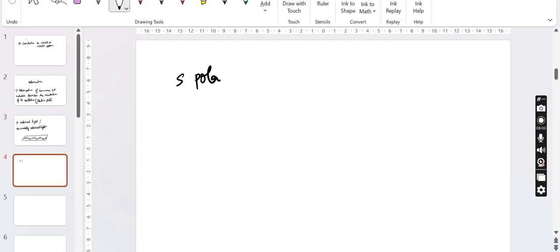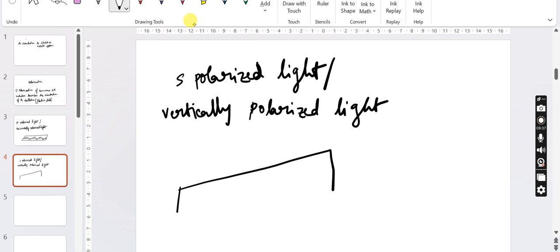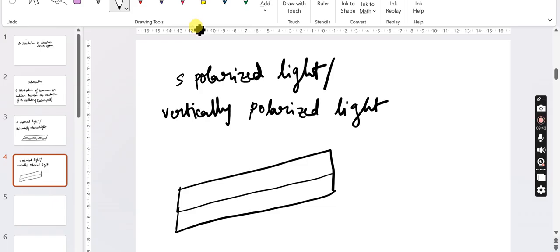The plane of oscillation for an electromagnetic wave is always contained in the polarization plane.